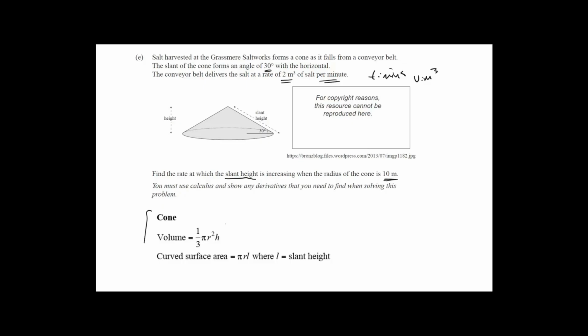And we are given these formulae here for the things that we want. So slant height isn't in the volume here, but it is here, and they call it L, so we're going to call it L. I'm going to use that sort of curly L. So knowing that the angle there is 30 degrees, we can look at the pile like that, and we know that this angle is 30 degrees, and we draw a line straight down, that's going to be H, that's going to be R, and that's going to be L there.